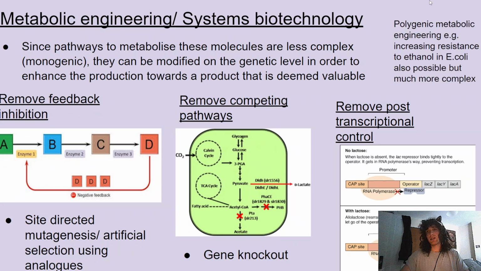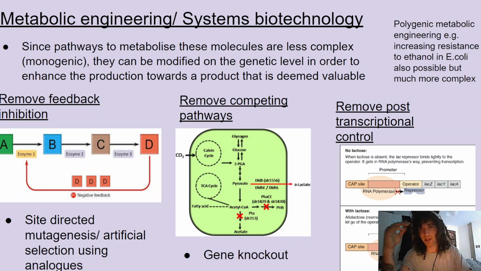We can also increase resistance to ethanol in E. coli, which is a polygenic trait, because you're engineering the resistance to ethanol, which is in the cell wall, like the cell membrane.